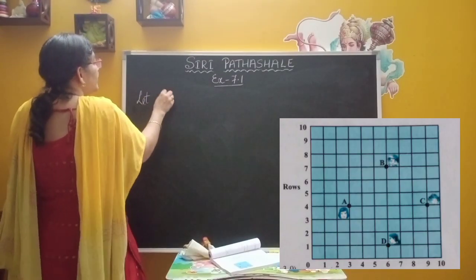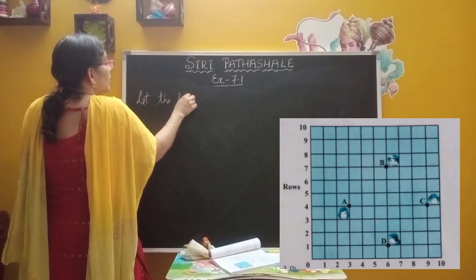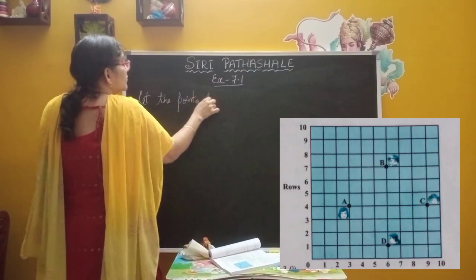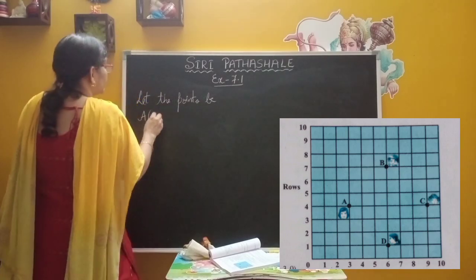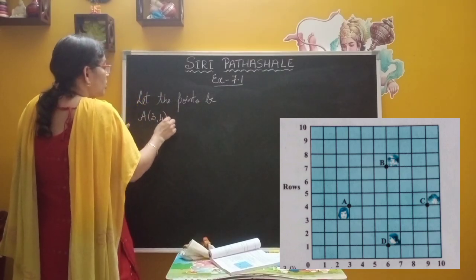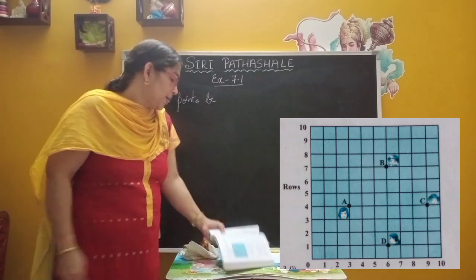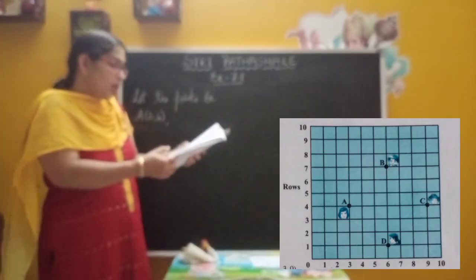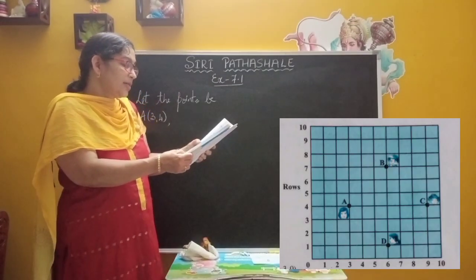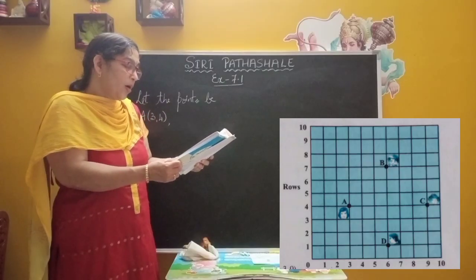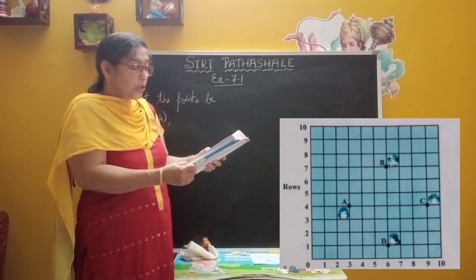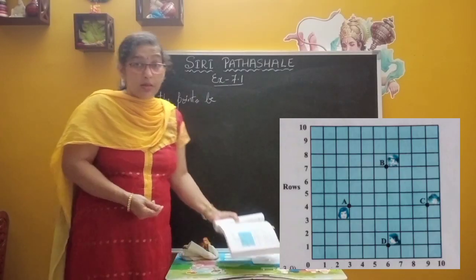Let the points be A (3, 4). Then point B. See, in the x-axis, the point is 6 and the y-axis point is 7. So point B is (6, 7).